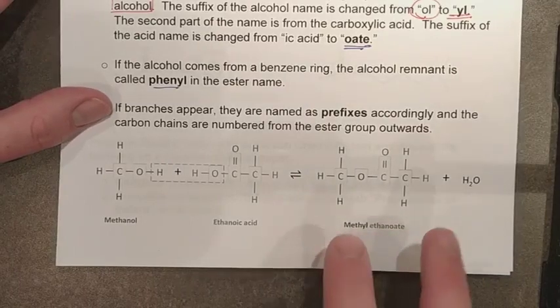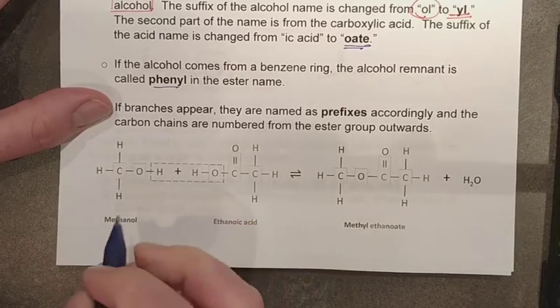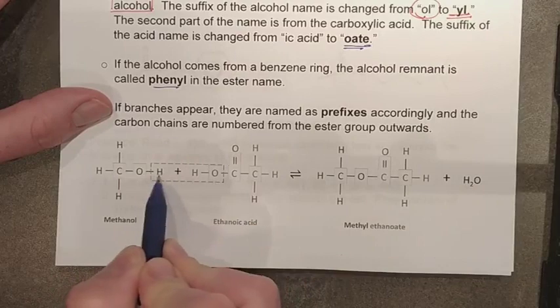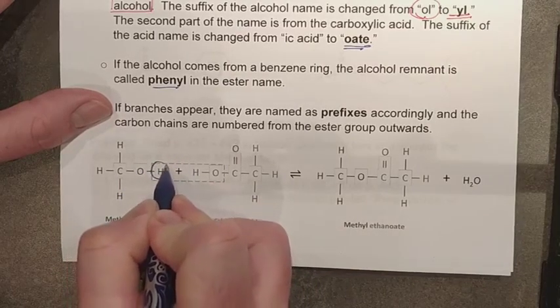Once they are in the ester, we kind of look at them as fragments because they're no longer alcohol and acid anymore. So you can see here that we have methanol. All right, you have your OH group, and it is the H that is going to be lost from there.